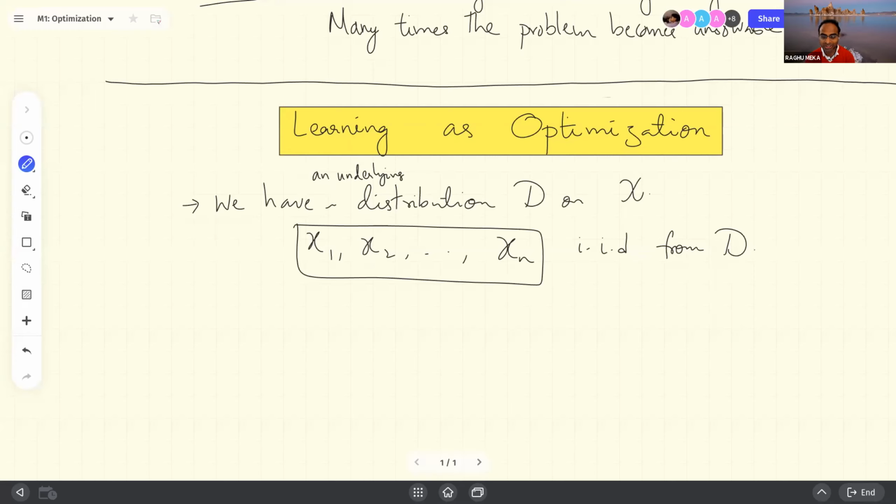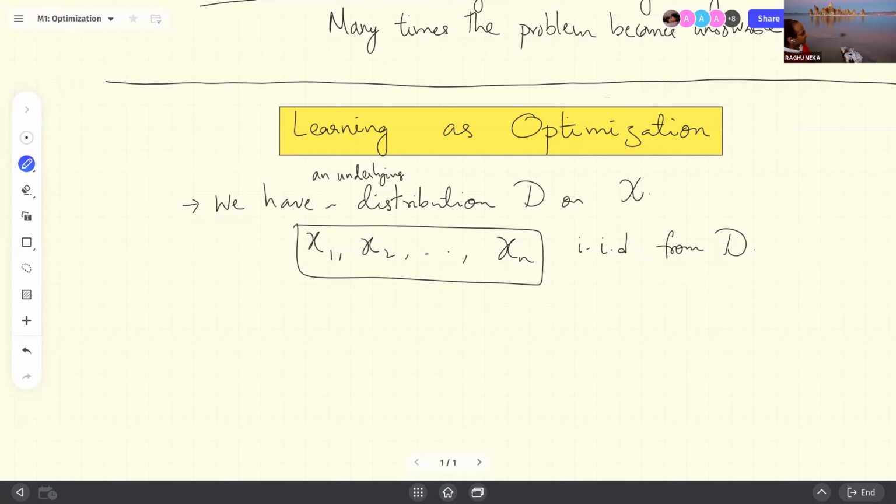Your underlying distribution might be some continuous distribution on images, but when you sample from this data set, you're just getting something which is discrete. And many times you'll do uniform sampling from the data set to get a good approximation for what the underlying distribution might be. But sometimes you might also do something more sophisticated than that, with good reasons. I see. Thank you. Okay.